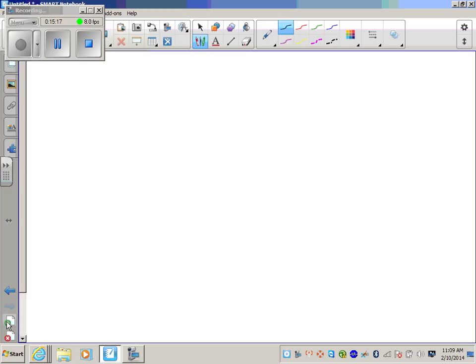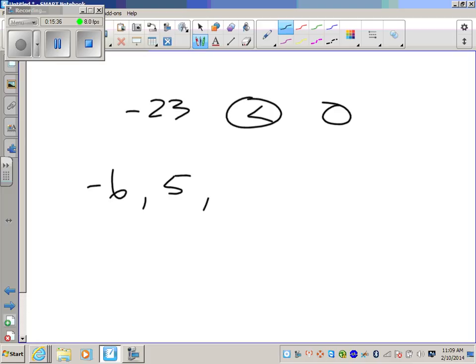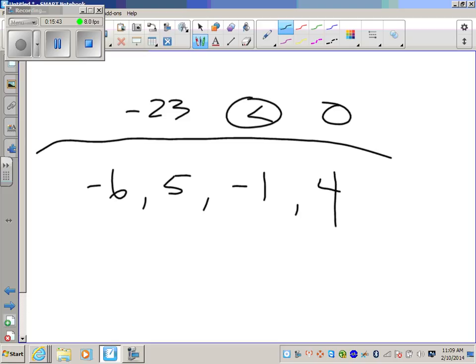So, negative 23 and 0. Zero's bigger. Okay? I'd rather owe someone $0 than owe them 23, right? Okay. Order these from least to greatest. Which one is the furthest from 0, Zay?